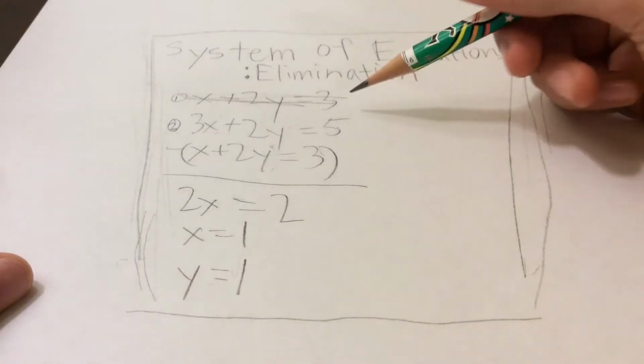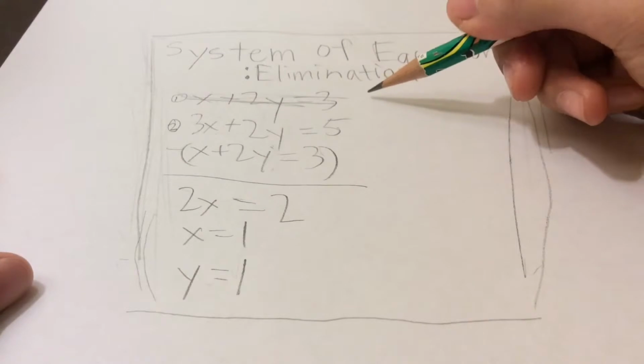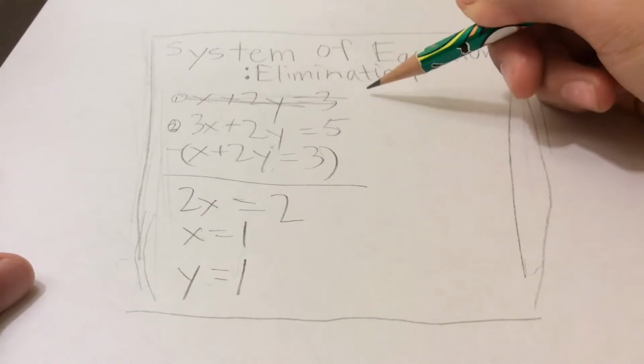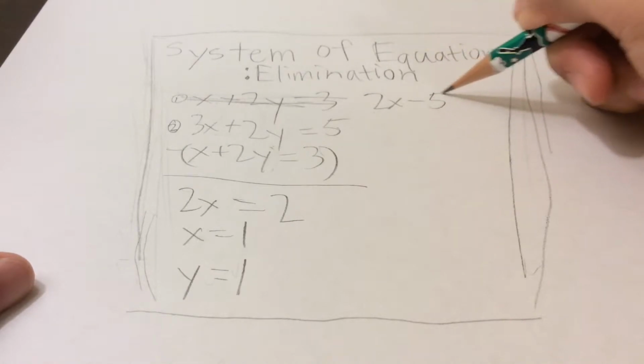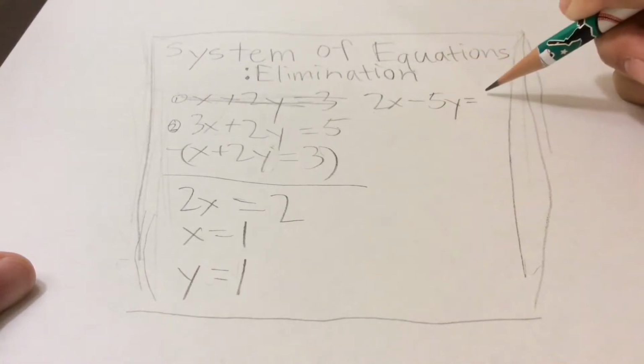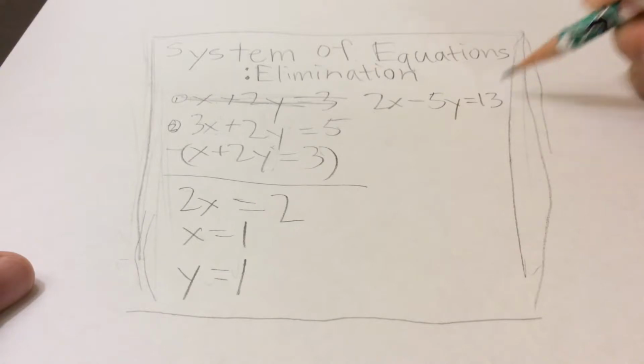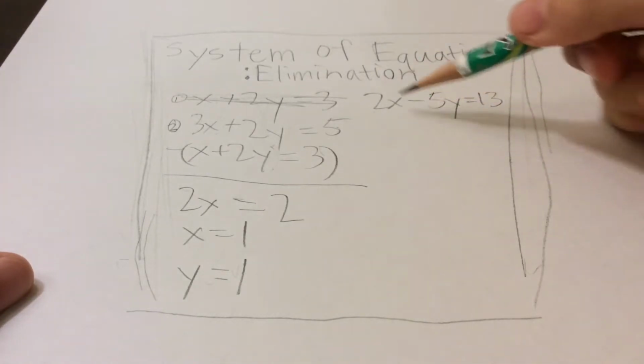Now, I'm going to come up with a harder one. It's probably going to take a while, but how about 2x minus 5y equals 13? Let's just say that.